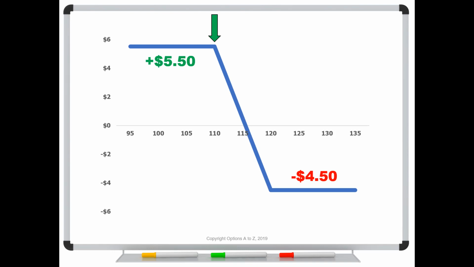I can afford to have it fall anywhere below. And even if it stops at exactly 110, I'm still at maximum gain. But I'm just giving myself this added cushion if it should shoot well below that. So yeah, I'm willing to take a little less money, but greatly increase my chances.